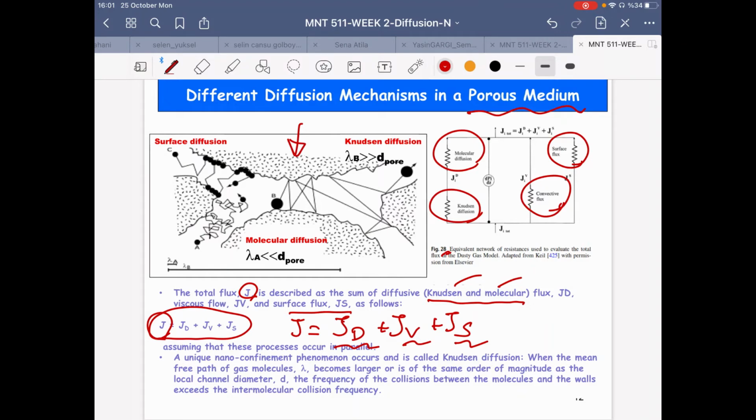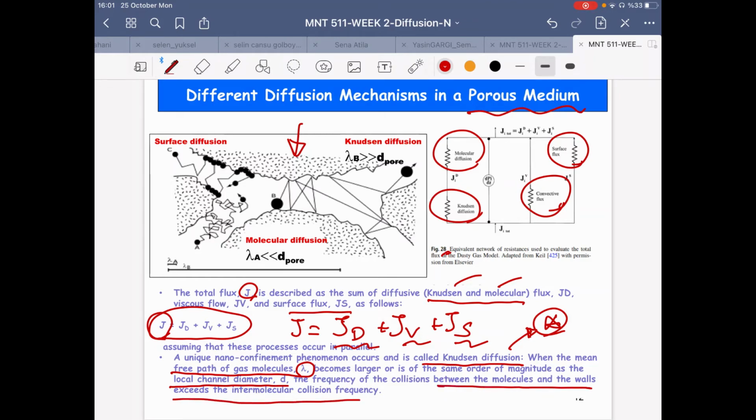In nano-confinement a unique phenomenon occurs, and it's called Knudsen diffusion. Okay, this is a very important term. Knudsen diffusion, I'm going to ask about this. When the mean free path of a gas molecule becomes larger than or of the same order of magnitude as the local channel diameter, the frequency of the collisions between the molecules and the walls exceeds the intermolecular collision frequency.